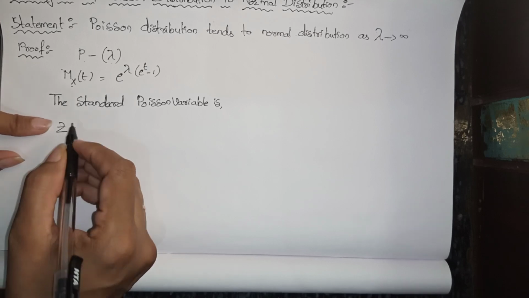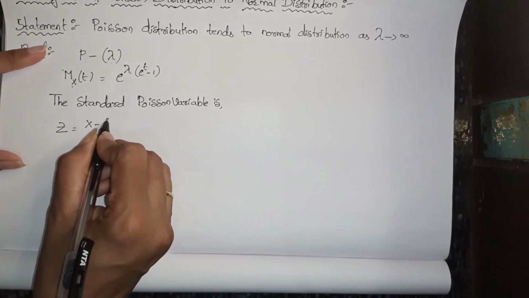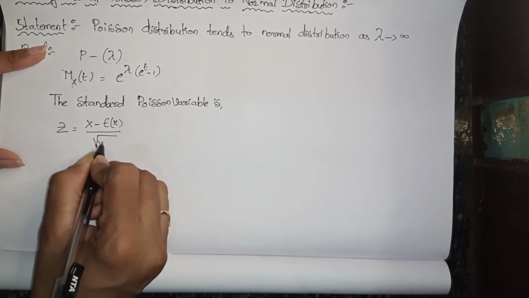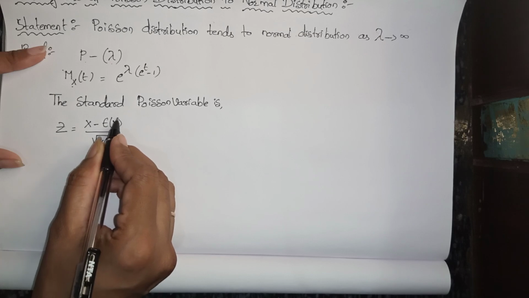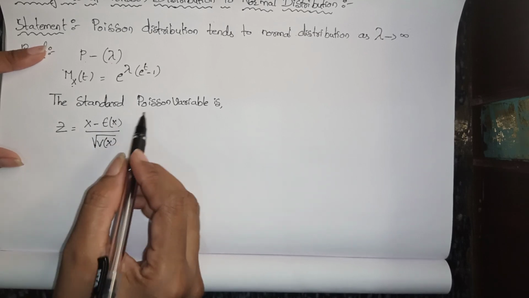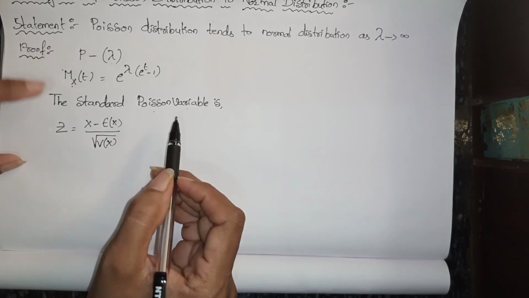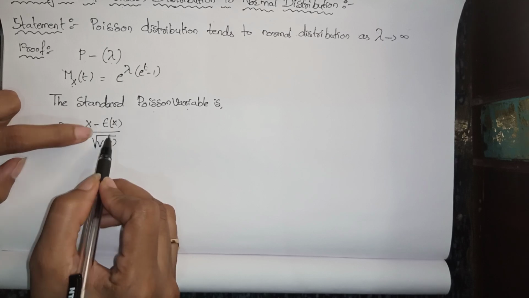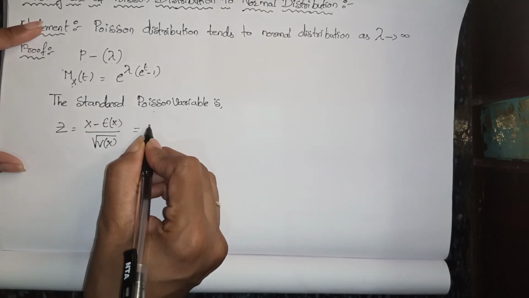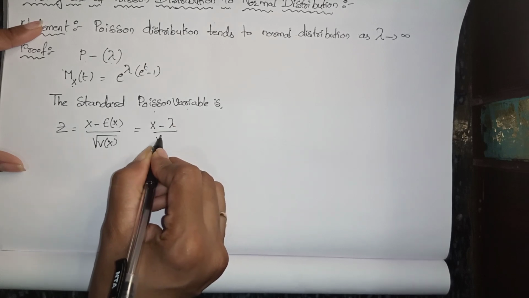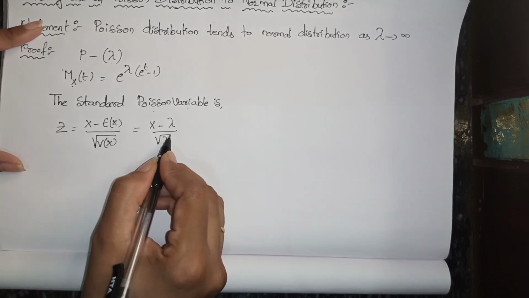So z equals x minus E(x) divided by square root of V(x). E(x) is nothing but the mean, V(x) is nothing but the variance. We all know that in Poisson distribution mean and variance are lambda, so we substitute those values. That means z equals (x minus lambda) by root of lambda. So this is the z value.